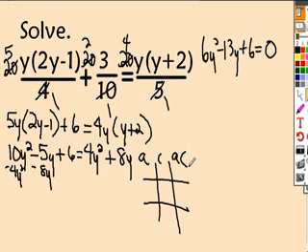So what's A? B? AB. 2 factors of 36 whose sum is negative 13. Factors of 36 whose sum is negative 13. 9 and 4.